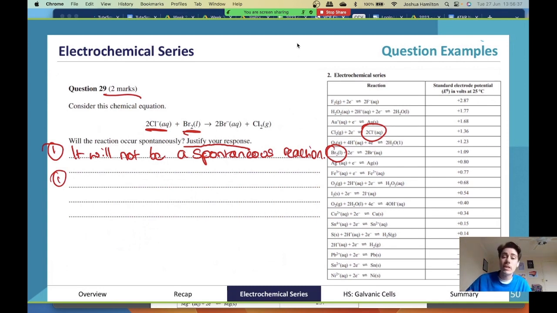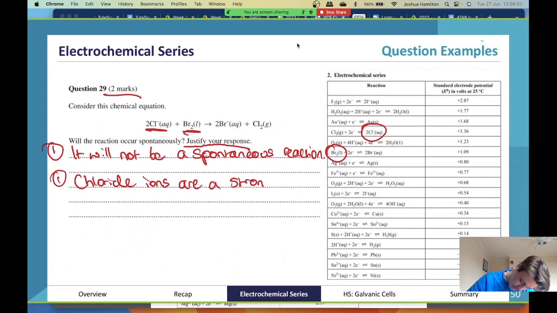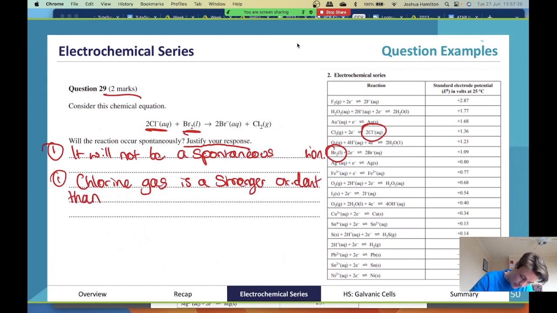Why? So we're going to use chemical concepts here. Your chemical concepts are that chlorine gas is a stronger oxidant than bromine liquid.